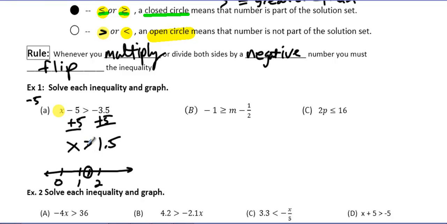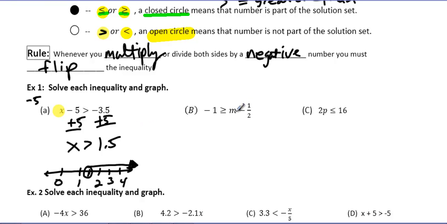We want all the numbers that are greater than 1.5. For example, 2 is greater than 1.5, and 3, and 4. So we just put an arrow going that way. Sometimes people think the R in greater tells you to go right, whereas the L in less tells you to go left. That's another way of remembering.